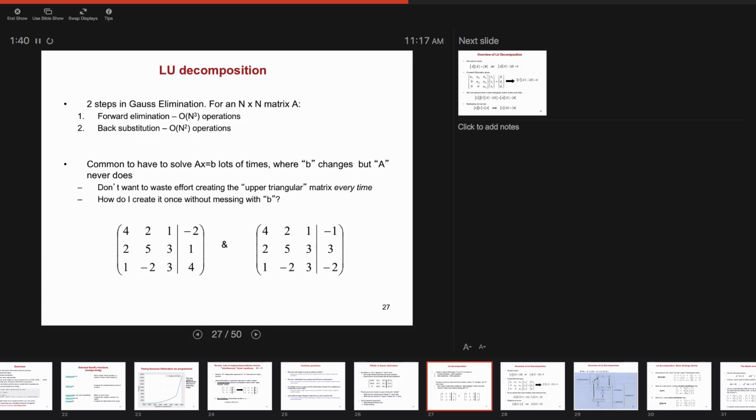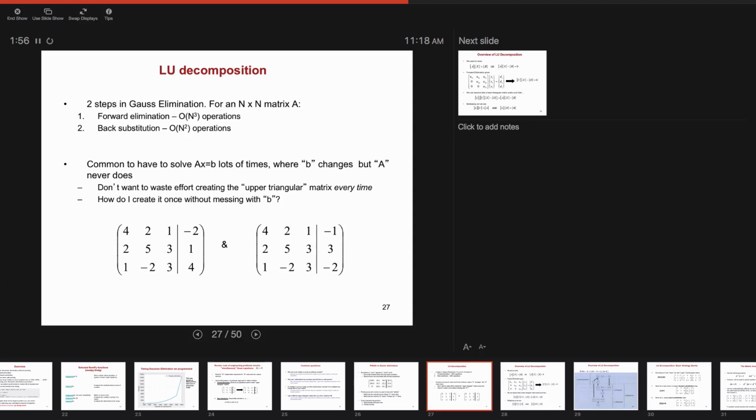So all I'm changing is B. In formulating AX is B, I'm changing B, and I'm solving AX is equal to B all over again. Okay? So this is where we can try to save some time.